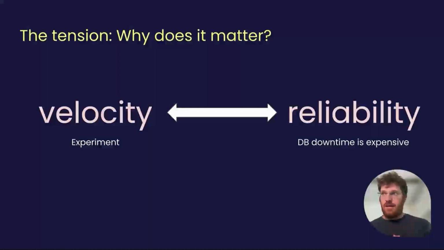Because the negative impact of a bad schema change is very high, people start to fear change, they become slow. They don't do different refactorings, they maybe batch many changes together. In general, their team becomes slow. So there is a very big payoff to be able to make this tension obsolete.